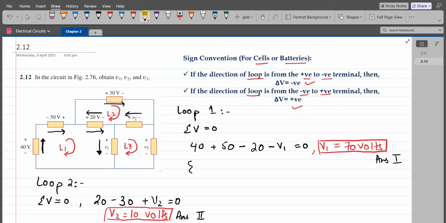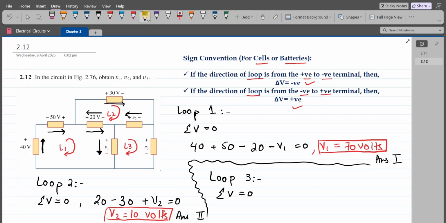Now we have to find the voltage V3. For that, we have to consider the loop L3. So loop 3. Again applying the KVL, the algebraic sum of all the potential differences in a closed loop is 0.